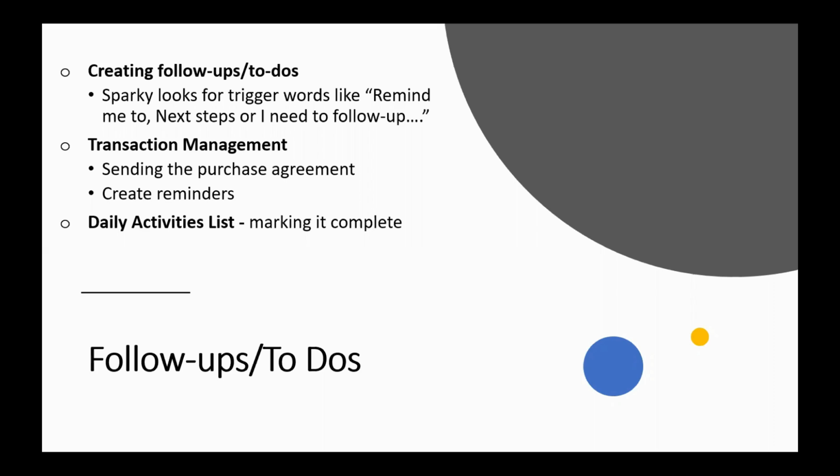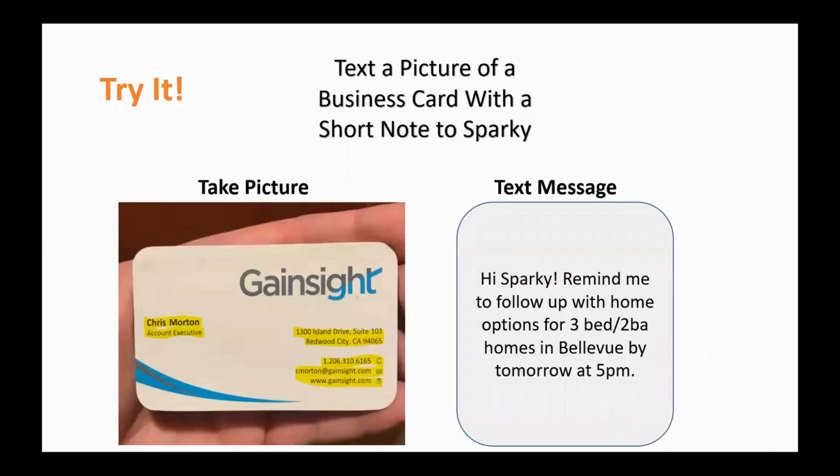Gotcha. So it's just based on an action plan that you set up previously with those types of things. That's right. And then you can make it dynamic, with some of the links and information filled in as well. Okay. Perfect. Thank you.